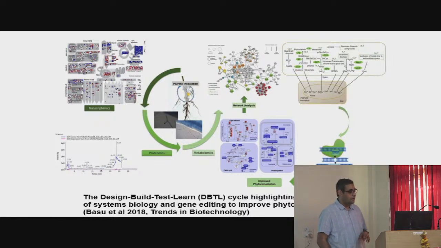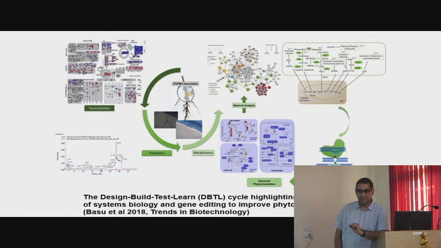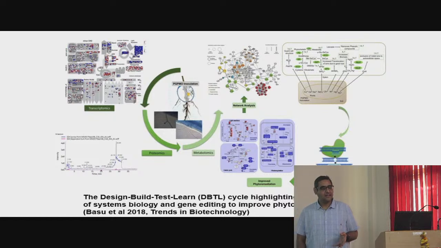Now when you talk about the design, build, test, learn cycle, the name itself suggests what has to be done. First design, then build, then test, and then learn. We published this work in 2018, and at that time we tried it for phytoremediation, that is plant-based bioremediation through microbiome engineering.